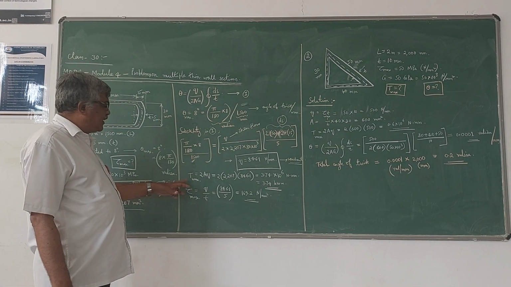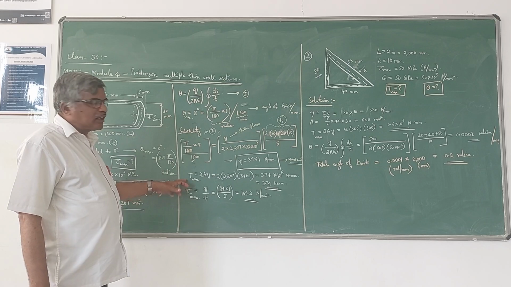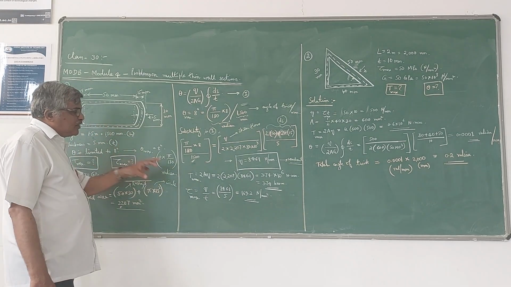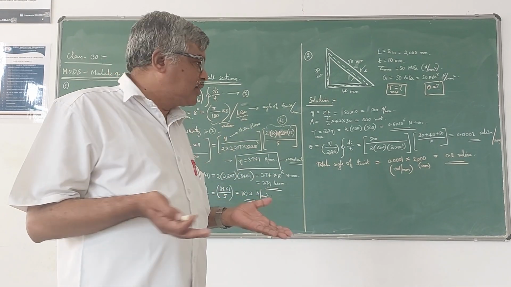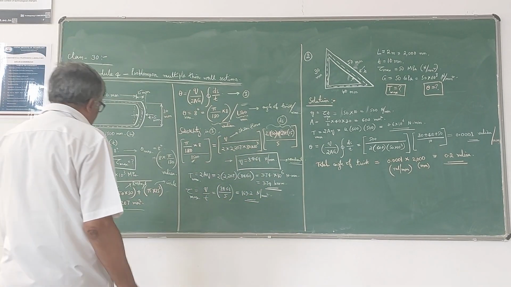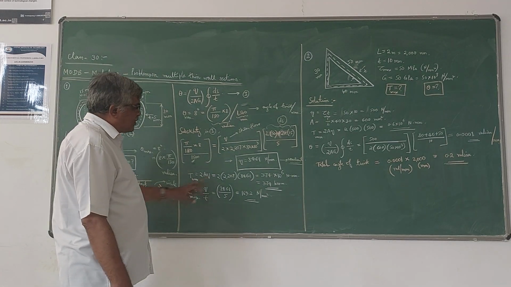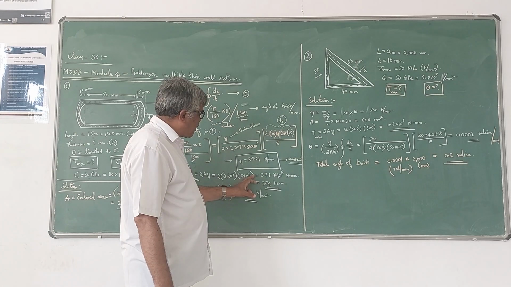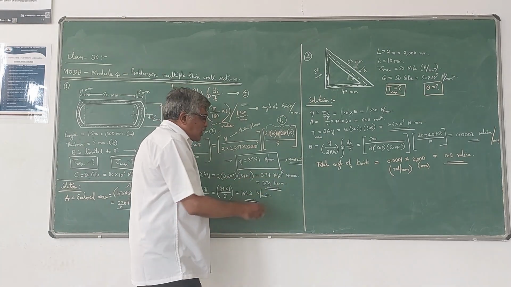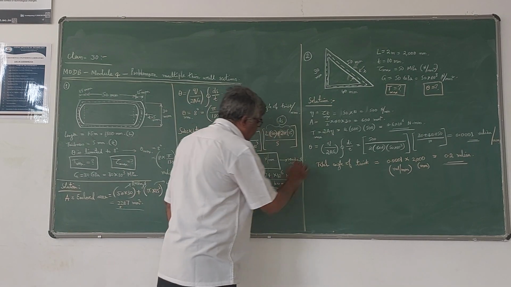Now to calculate the maximum torque that can be applied on this section, the formula is 2AQ. Once Q is found out, A you know, so 2 into A is 2407, into Q, which is 846.1. If you multiply that, whatever answer you get will be in Newton and millimeter.